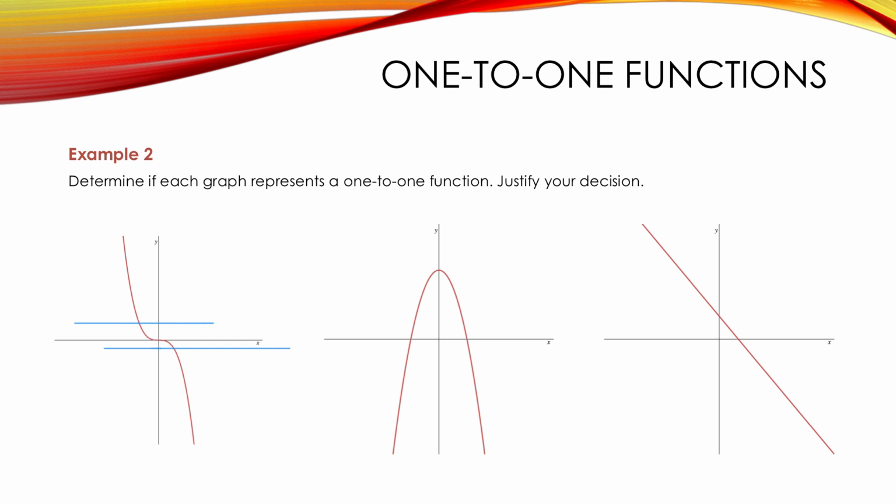If we were to zoom way in, we would notice it actually does not get horizontal, so we're okay. But if we look at the second one, there's a problem because we pass through twice. So this one is not one-to-one. Oops, forgot to mark that the blue one is one-to-one.